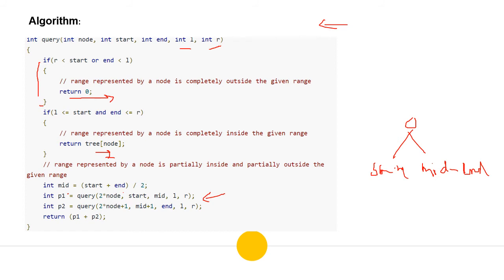Else what we do is that we take the sum of one node and the sum of elements in the other node to give a particular answer, which is here return p1 plus p2. This p1 looks at the left nodes and this p2 looks at the right nodes.